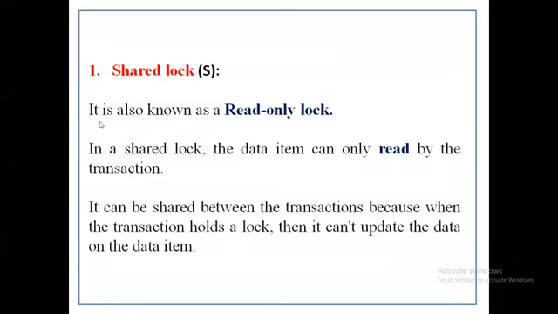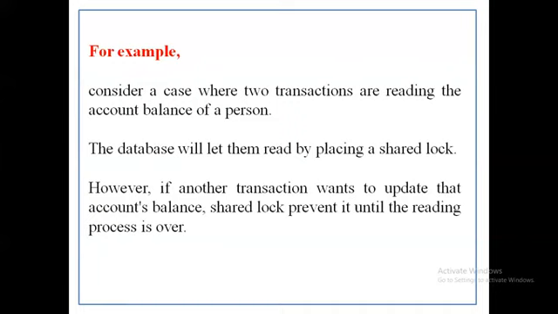In a shared log, the data item can only be read by the transactions, so only read operations can be performed. It can be shared between transactions, because when a transaction holds a shared log, it can't update the data on the data item.